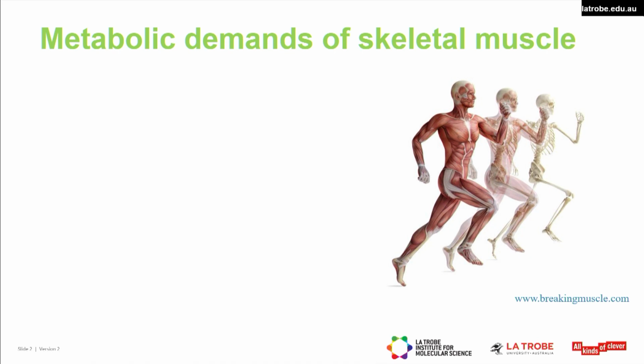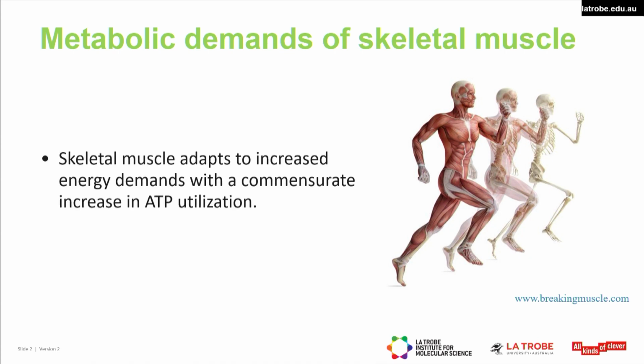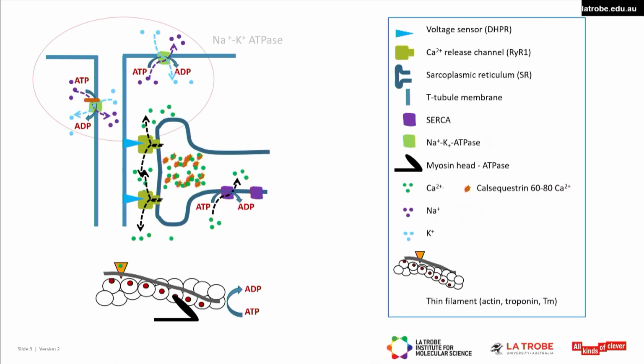So I'm going to start off by talking about the metabolic demands of skeletal muscle really briefly, but essentially the metabolic demands will increase as we exercise, and the energy demands increase, and that comes alongside a commensurate increase in ATP utilisation.